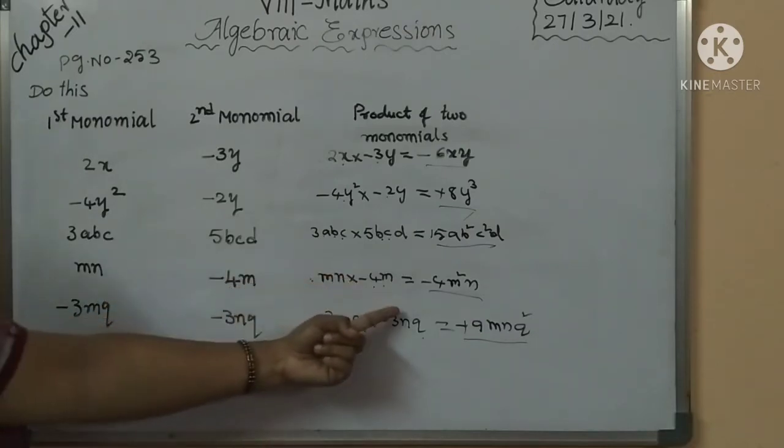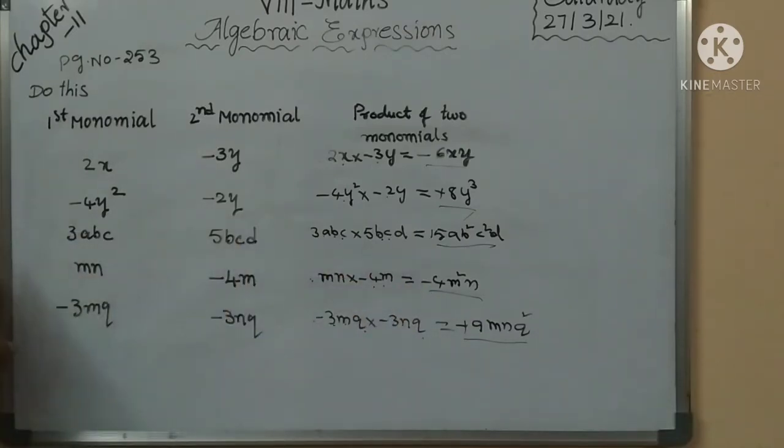So we get minus 4m square n. Is it a monomial or not? Yes. Understand, children? So we write as class work: second problem, write one example, and third problem also write one example. Observe the table and write the second and third problems. Understood, children? Okay.